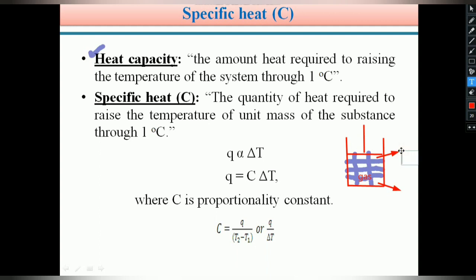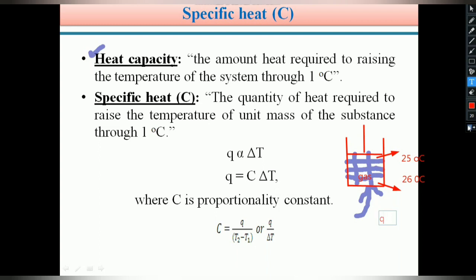Initially, let us assume the temperature of this unit mass of the substance is 25 degrees centigrade. If you want to increase the temperature of that unit mass of the substance by 1 degree centigrade, to 26 degrees centigrade, how much amount of heat Q should be given to that system or substance is defined as the specific heat. Specific heat is denoted with the symbol capital C.